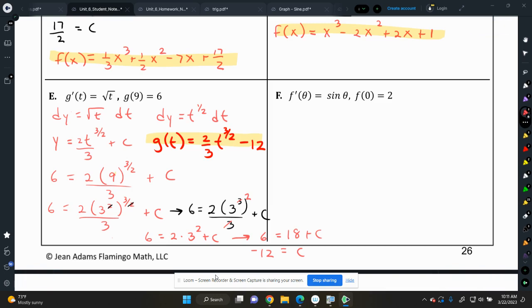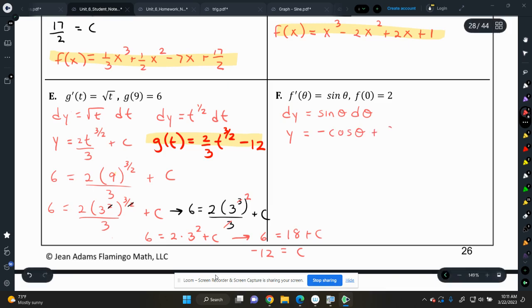Okay. So here we have dy equals sine theta d theta. Integrating both sides, we get y equals negative cosine theta, because the derivative of cosine is negative sine, but I have a positive sign, so it has to be negative cosine, plus c.